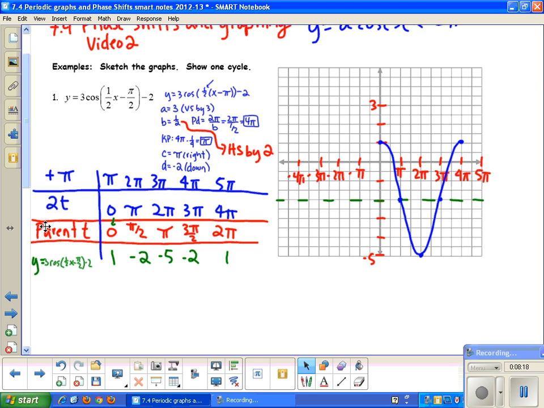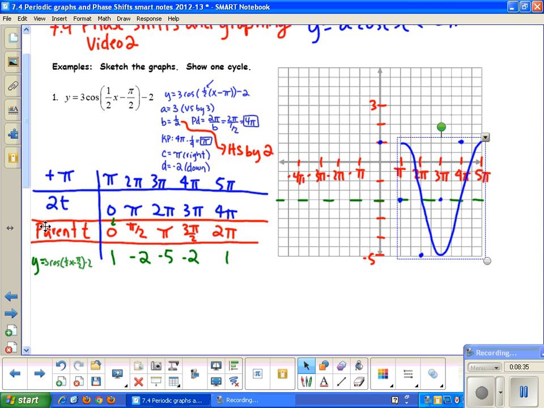So if I move all my points to the right pi, I'm going to take this graph that I have right here and it gets moved to right here. And that would be my graph shifted. So this right here would be my new equation for my graph. And again, all I did was graph it and then I shifted it to the right pi over 2.